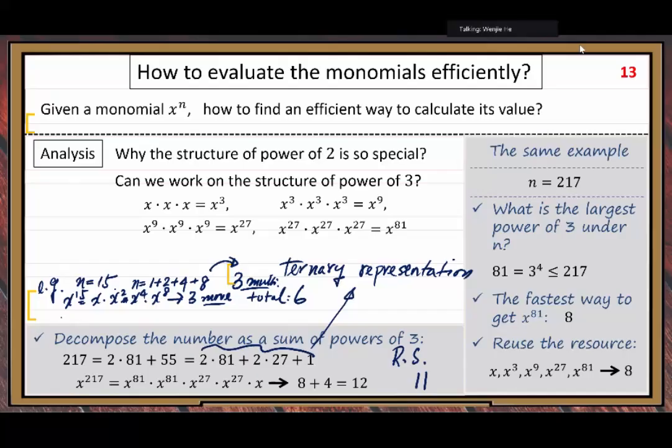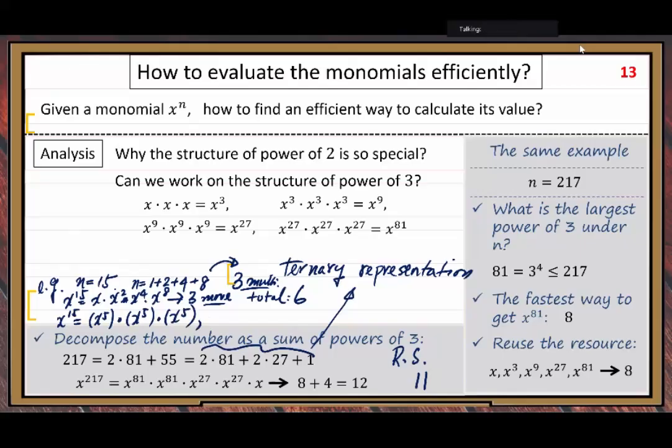This time, x to the 15. How about we do a cube operation on x to the 5th? How about that? x to the 5th times x to the 5th times x to the 5th. Cube operation. Two multiplications, but we need our intermediate result, x to the 5th, right?